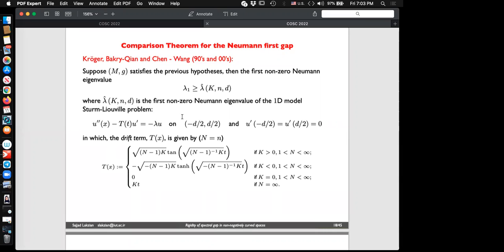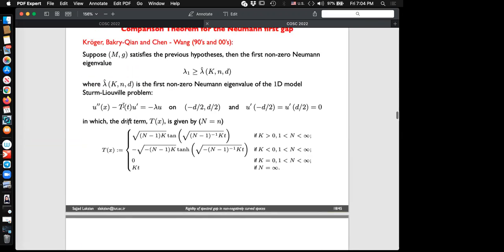and the Ricci curvature, then I can compare my principal eigenvalue to the eigenvalues of some one-dimensional Sturm-Liouville problem. Well, Sturm-Liouville problems are one-dimensional, and this is a very nice comparison result, because no matter what the dimension is, well, it matters, but once you figure out this constant lambda hat, then you have a very nice lower bound for the first eigenvalue.